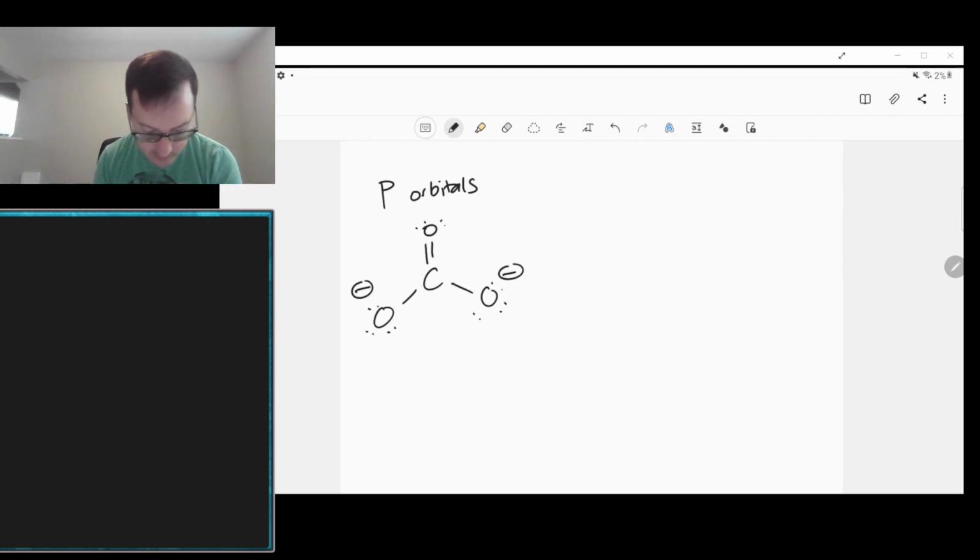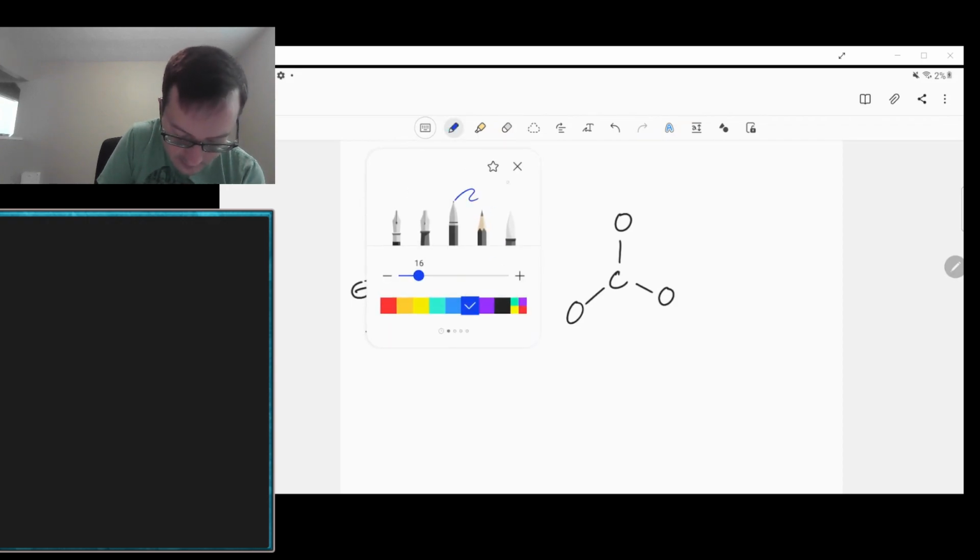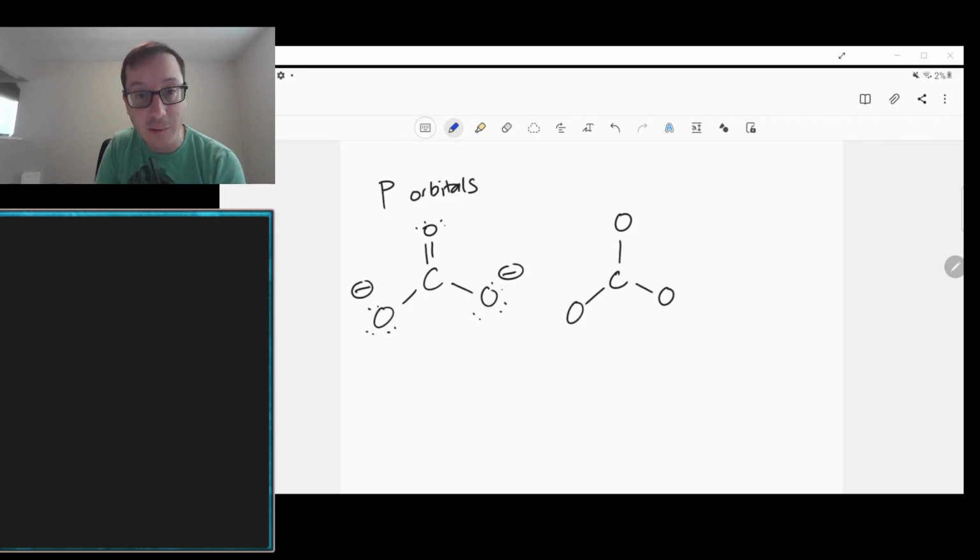What's important to note, and I'm going to try and draw this, so we'll see. If we want to think about what this looks like, I'm going to draw the single bonds, and I'm going to draw our p orbitals, because that carbon is sp2 hybridized, right? It has three things on it, 3 oxygens. Again, it does not matter that one of them is double bonded. 3 things on carbon means sp2, which means we have one p orbital that is left.